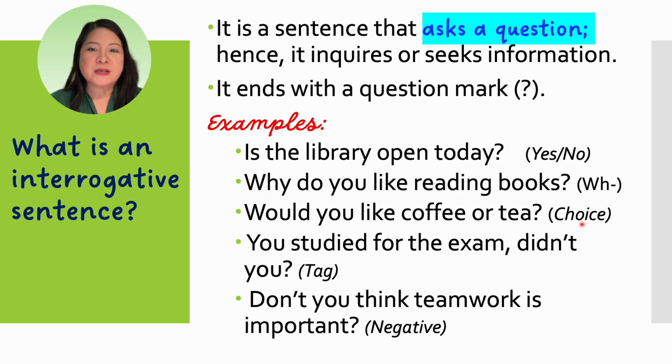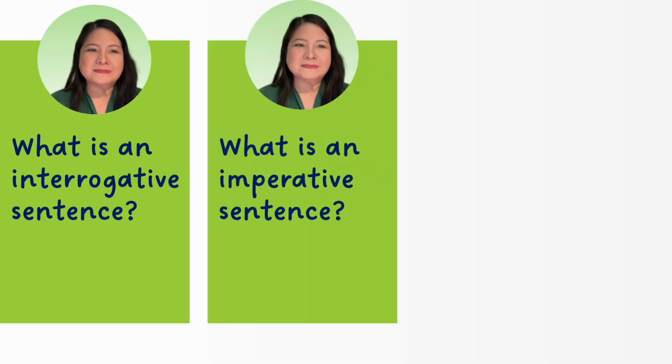Hence, it's a choice question. Now the tag. This one is what you call tag, didn't you? So it's a tag question now. And the last one is a negative question because it starts with something negative. Don't you think teamwork is important? So all these are good examples of interrogative sentence.